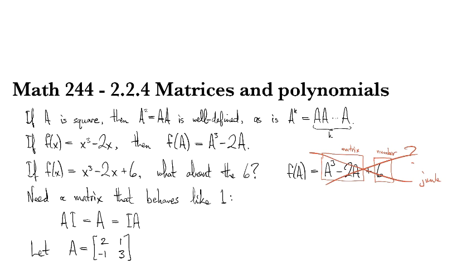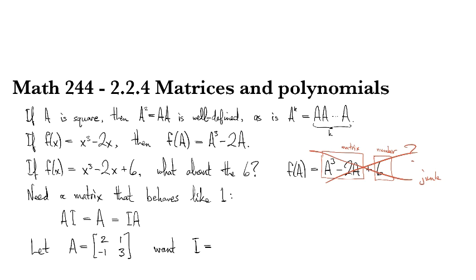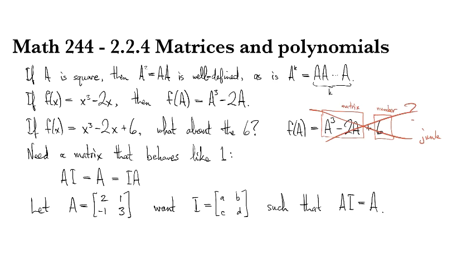And we want a matrix I that has the property, so it's going to have some, let's see, a, b, c, d entries. And it should have the property such that A times I is equal to A.